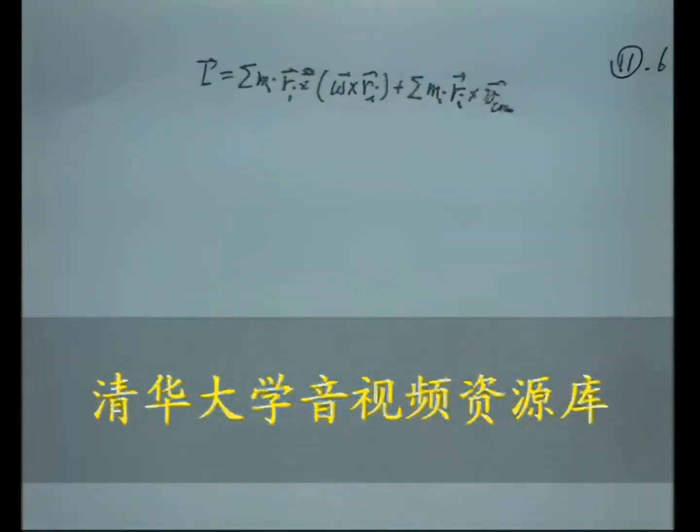We had a formula which gives the velocity.